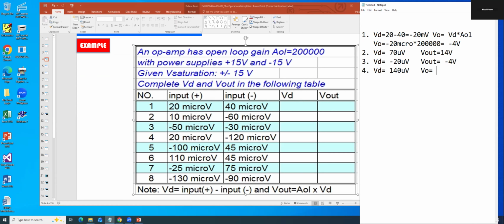What did you get? Number 4. Hey, Mr. Pham, first of all, on number 4 for VD, you got 20 minus a minus 120, correct? Right. So minus a minus is a plus. So 120 and 20. Oh, you got 140. Yeah.